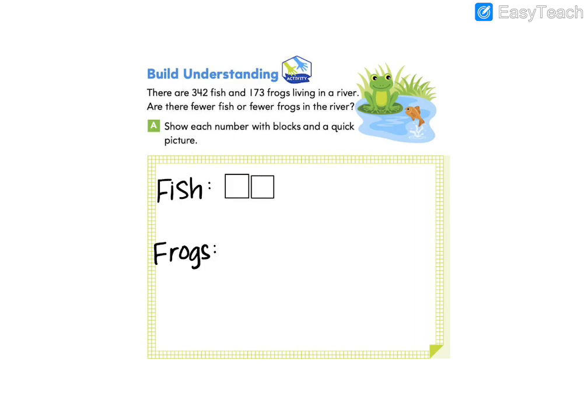There are 342 fish. And there are 173 frogs.